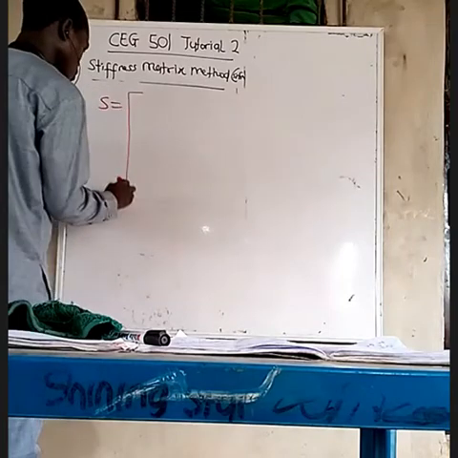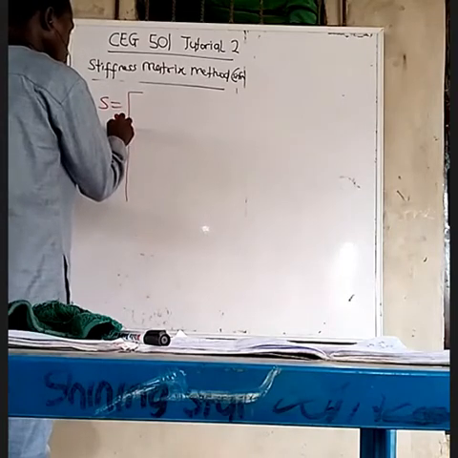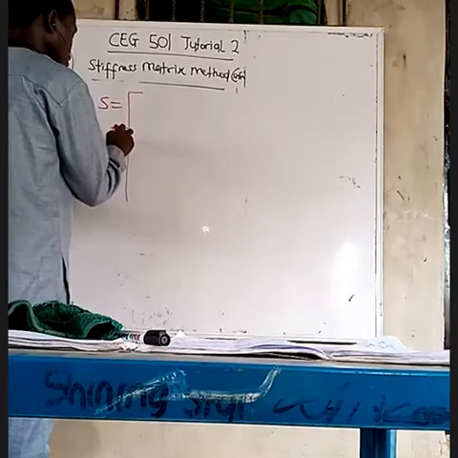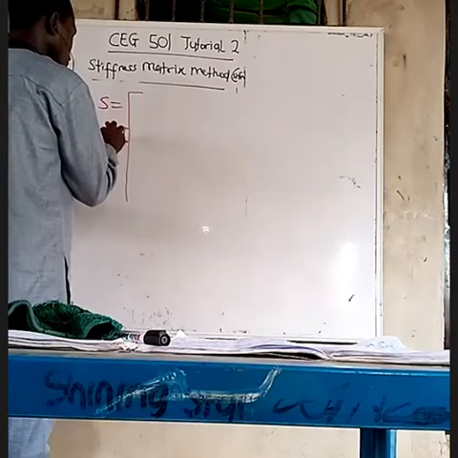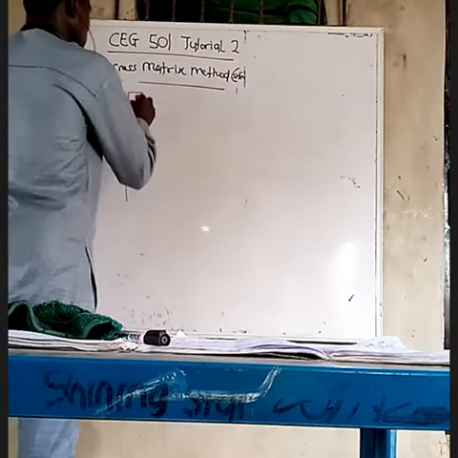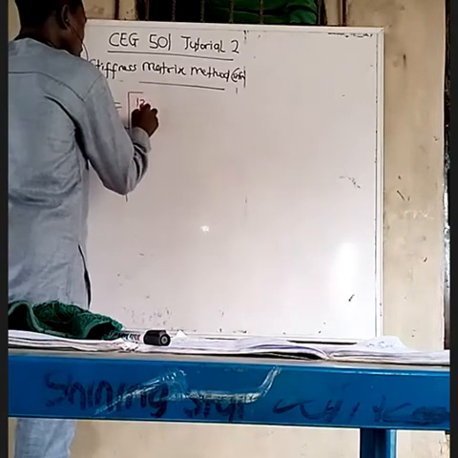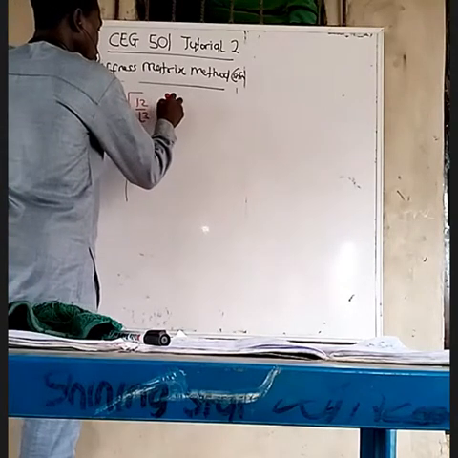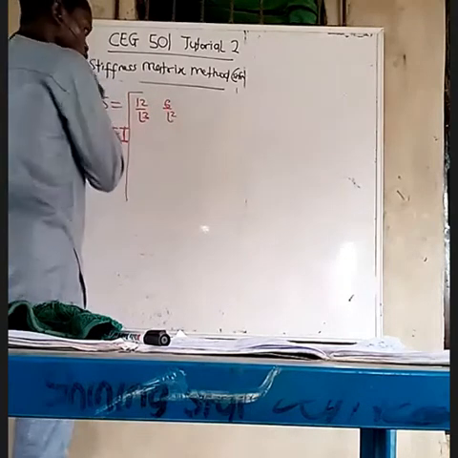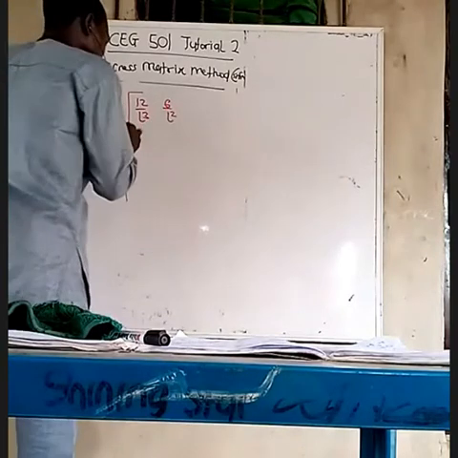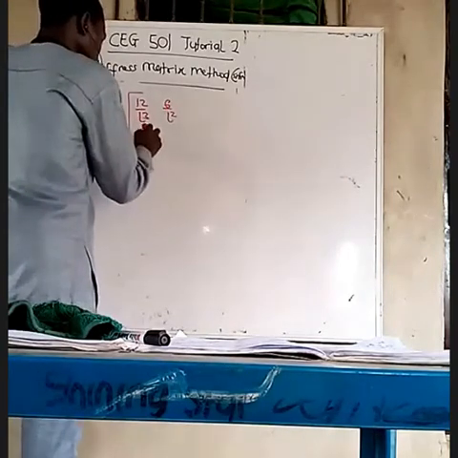So S will be equal to, bring the EI outside because it seems like EI is common for all of them. So we have 12 over L cubed, 6 over L squared, 6 over L squared, 4 over L. Follow, and if I make a mistake, please tell me.